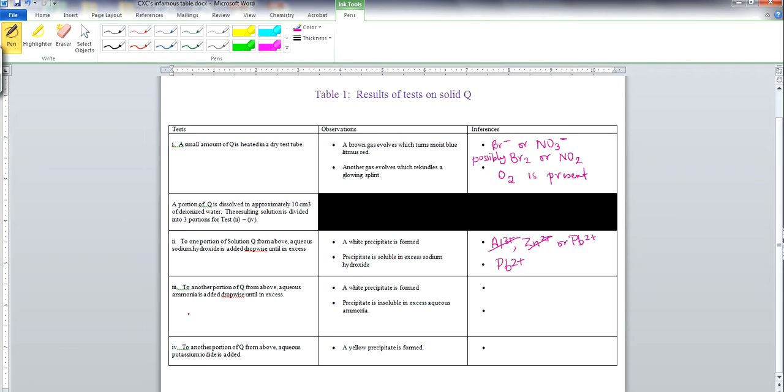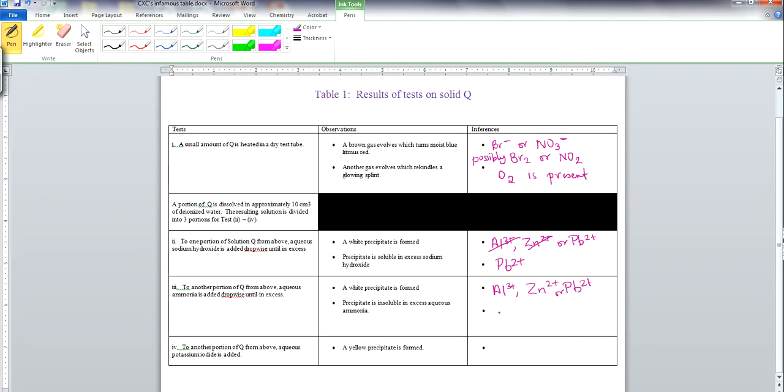So now we have another test to see if what we found here is true. It says to another portion of Q from above, aqueous ammonia is added dropwise until in excess. A white precipitate is formed, and basically it could be aluminum, because remember it's not the same test tube you're using from here. This is test tube 2, right? So it could be aluminum, zinc, or lead present.